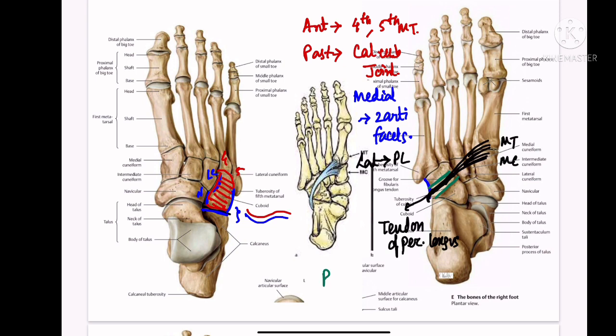So peroneus longus, after it grooves the lateral surface, passes through the inferior or plantar surface. So that is the description of the cuboid bone.